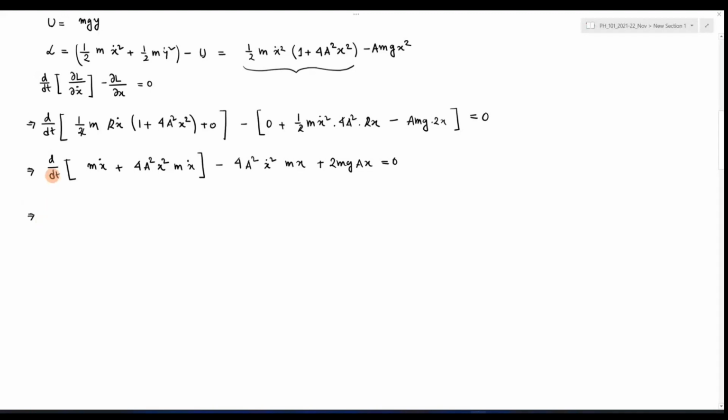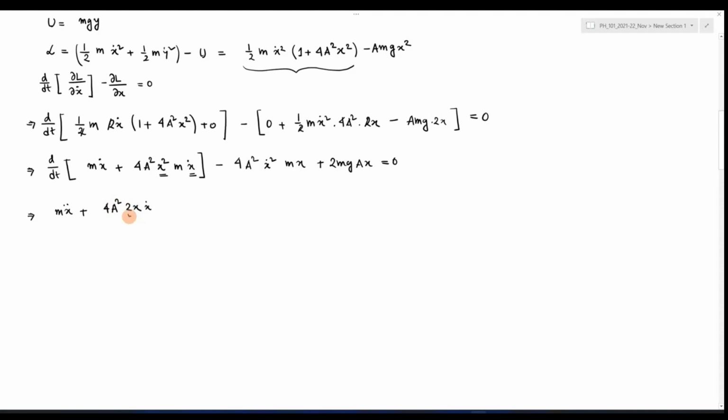Now we have to take the total derivative, the time derivative, of this quantity. This step is very crucial. So now this is simply m x double dot, but here it is having x square as well as x dot, so you have to use the UV rule. First it will be 4a square 2x x dot.